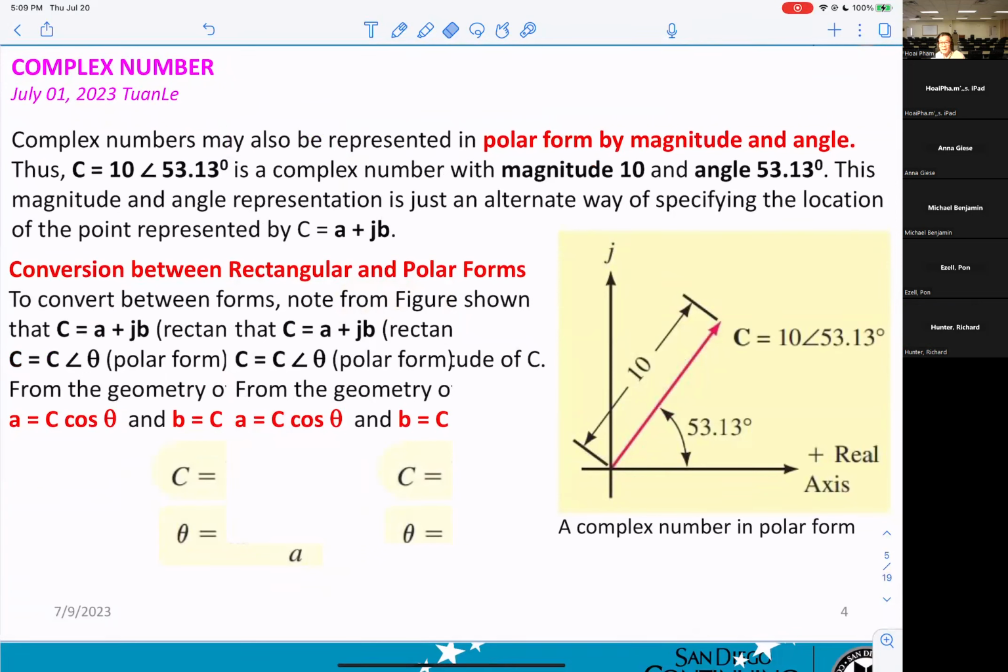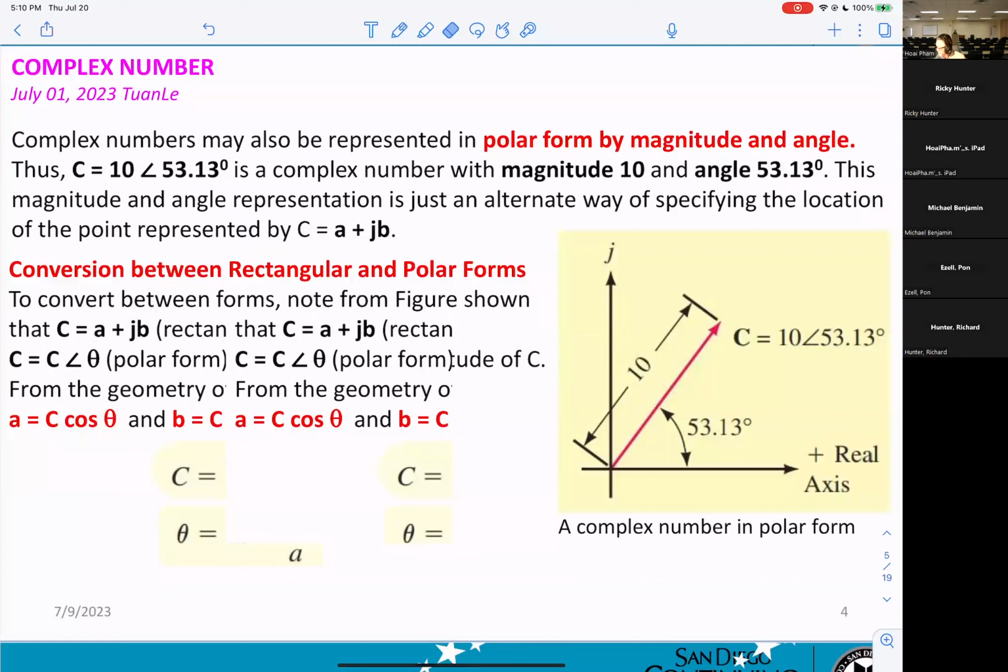You see the screen now? I can't. Can anyone else? Is it, can anyone see the screen? The screen is the complex number screen. Yeah, I also see that. Okay.